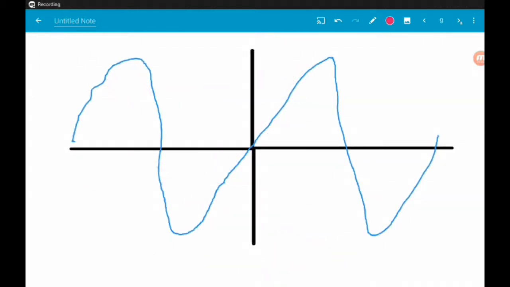Okay, so then very roughly, here is our graph of y equals sine theta. So let's label some important points. So we go through the point 0, 0, and it goes through the x-axis at 180, and then again at 360.